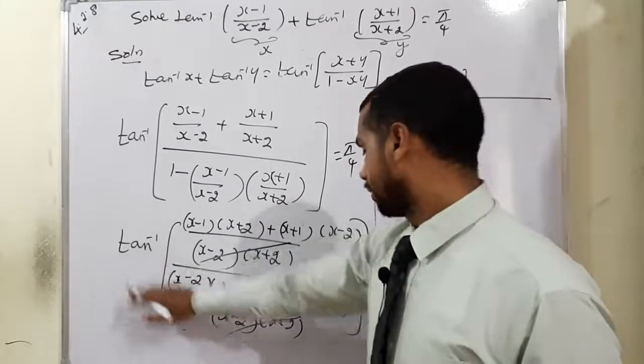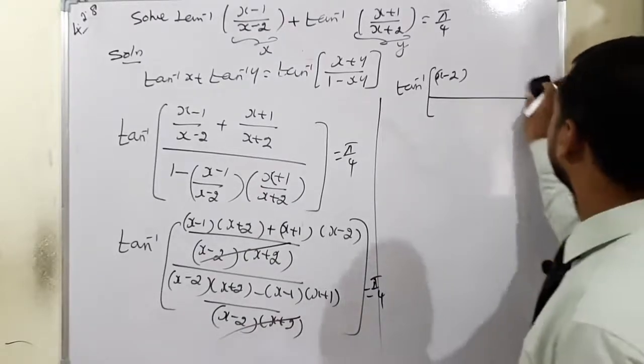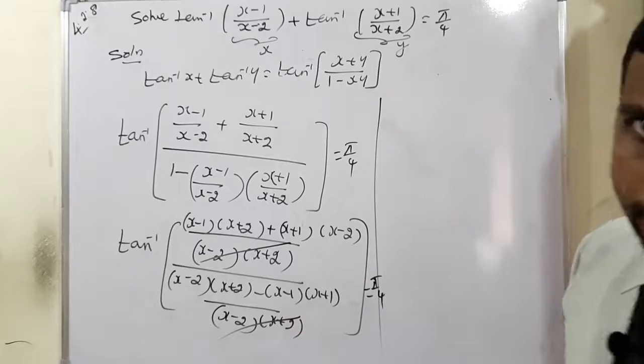So next, bring the tan inverse to the opposite side, so tan pi by 4 will come, isn't it? So tan pi by 4 means what will happen?